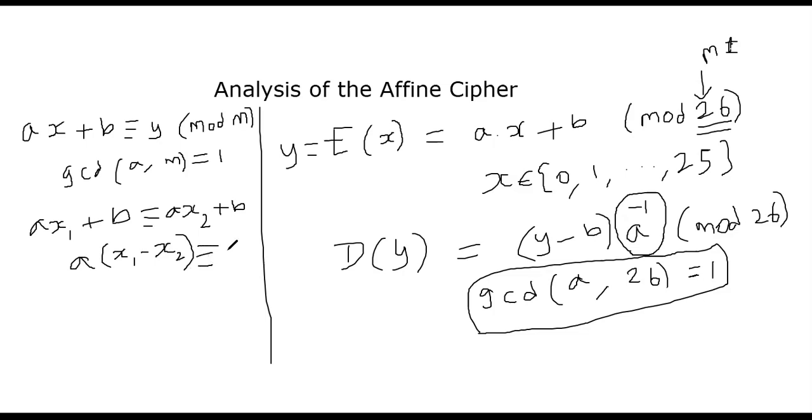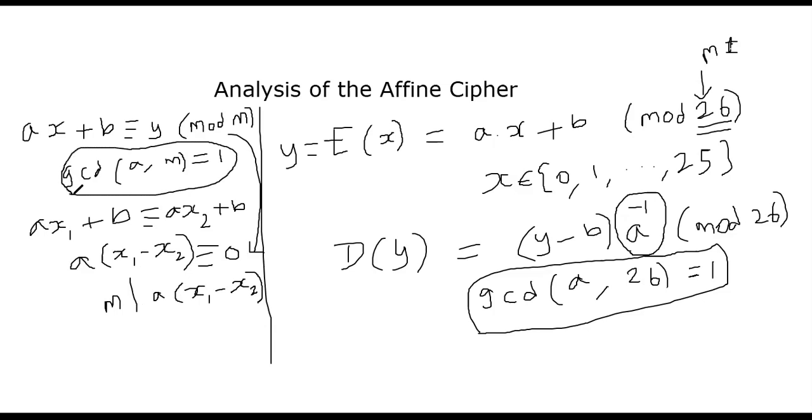So what does this tell us? Now I have to write mod M here. This tells us that M divides A times (x1 minus x2). Otherwise, you will not get this equation. But we do know that A and M don't have any factors in common other than 1.